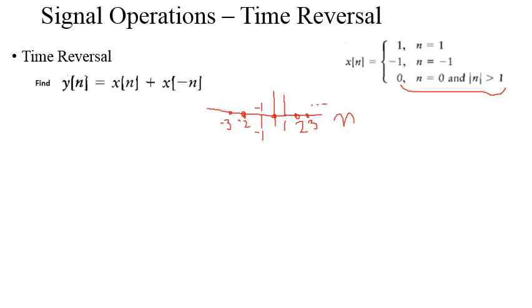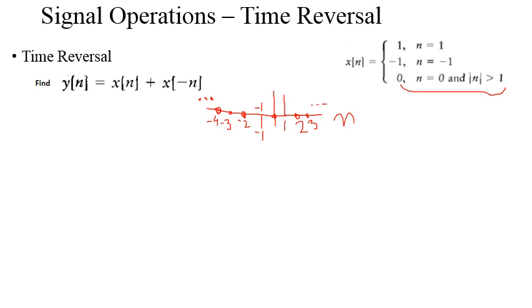At this point it will be -4. So we can say that this signal equals 0 for all of these, right? So this dot means this is 0. So it has only two non-zero values, which are at n equals 1 and n equals -1.